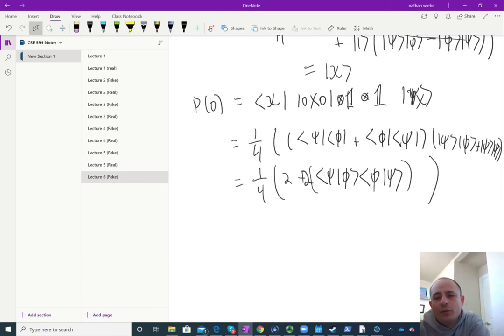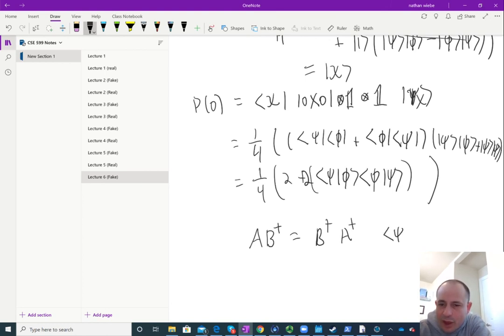Okay. Now, first thing to note is using the fact that this is a scalar and using the fact that AB transpose is equal to B conjugate transpose A conjugate transpose. We can end up seeing that psi phi dagger is equal to, because it's a scalar, psi phi complex conjugate, but that is equal to phi psi.